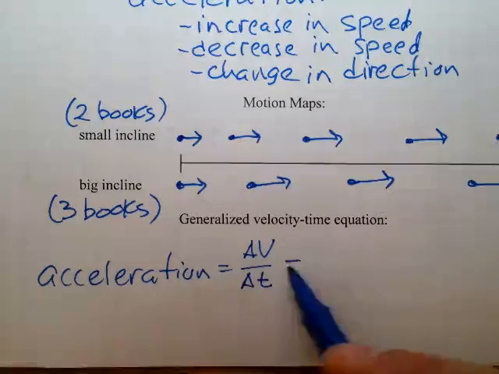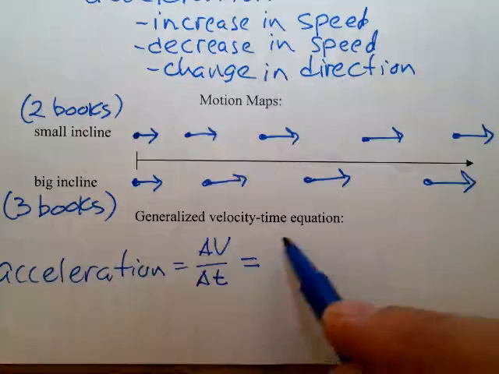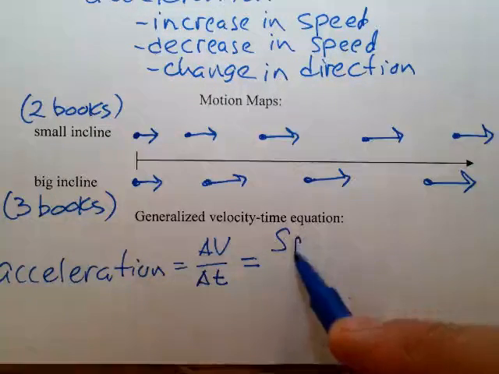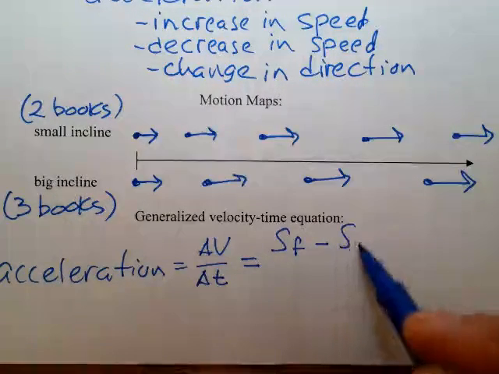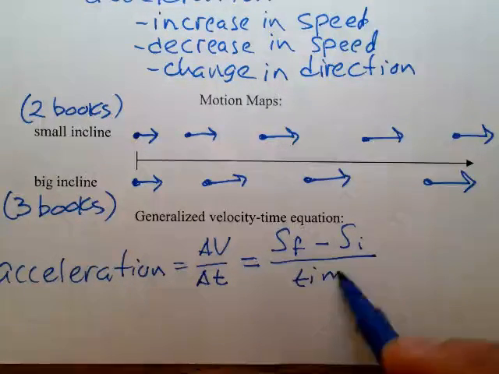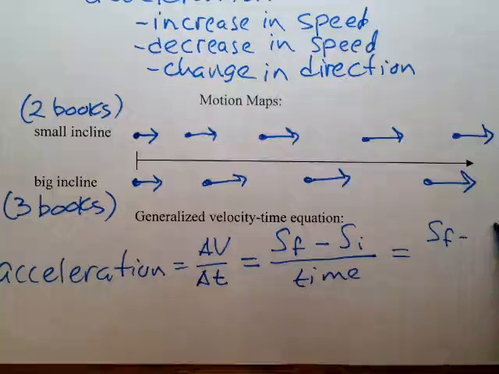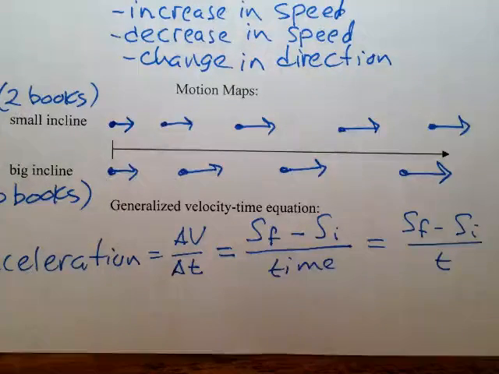And one of the ways we can calculate that, and most of you have already done that for me, is that we can start off with speed final, subtract the initial speed, and divide that by time. And the formula I would like you to write is S sub f minus S sub i divided by t. And that's something that you should get comfortable with.